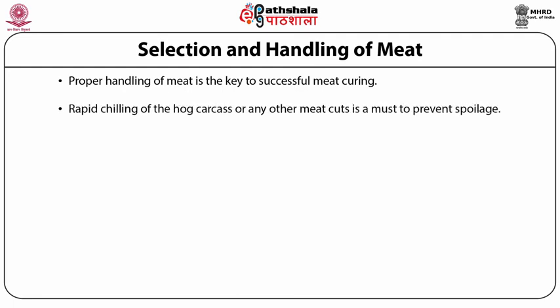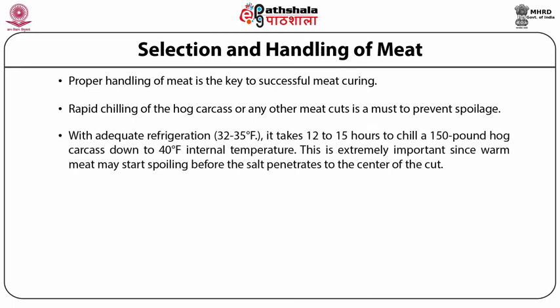Rapid chilling of the hog carcass or any other meat cuts is a must to prevent spoilage. With adequate refrigeration, it takes 12 to 15 hours to chill a 150-pound hog carcass down to 40 Fahrenheit internal temperature.